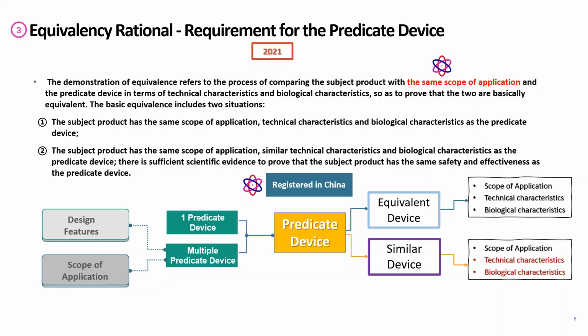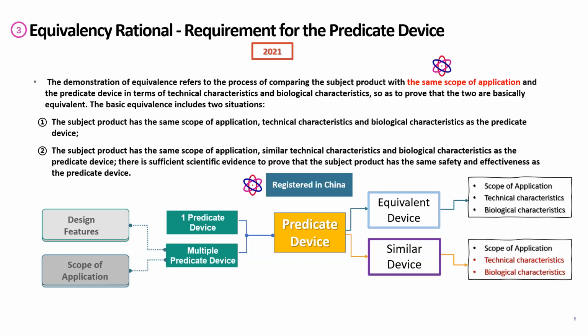It should be the very ideal condition. But for example, if we have one predecessor which has just a little design change, we may think it might be an equivalent device.